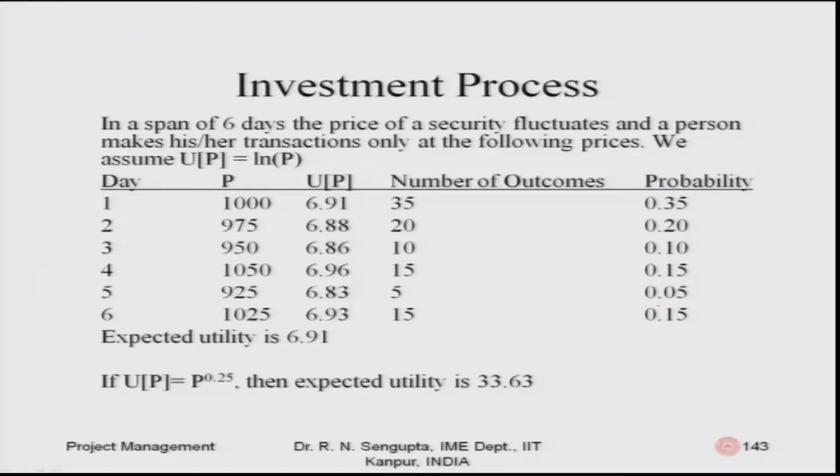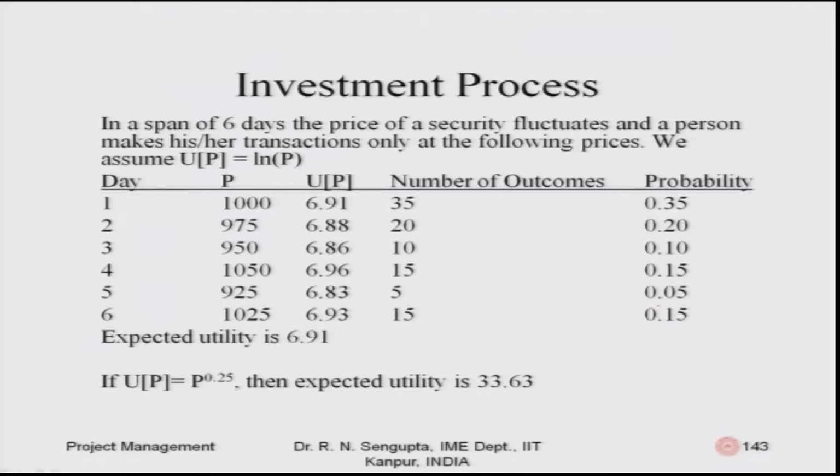For example, a price of 1000 occurs on 35 out of those 100 days, and a price of 19 to 25 occurs on 5 days. The corresponding utility is the log of the price: log of 1000 is 6.91, log of 950 is 6.89, then 6.86, and so forth, with the prices in the second column and the utility in the third column.